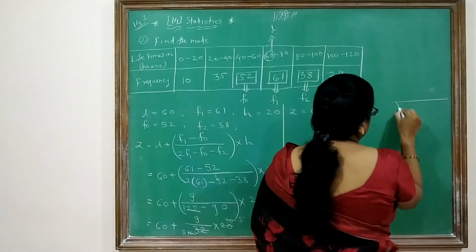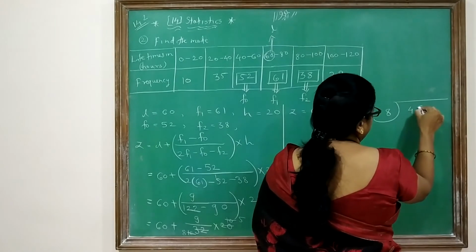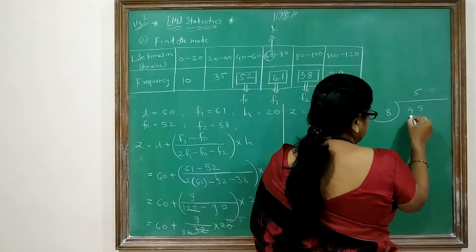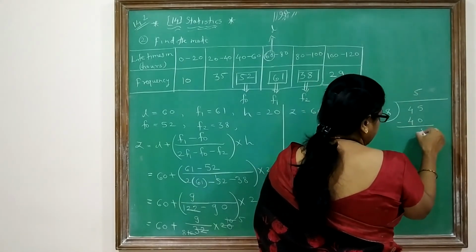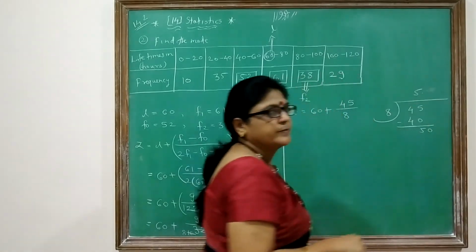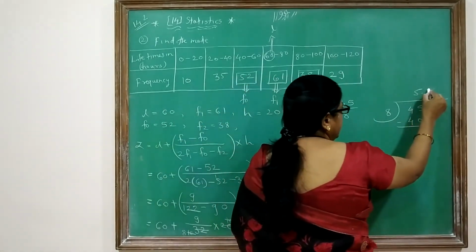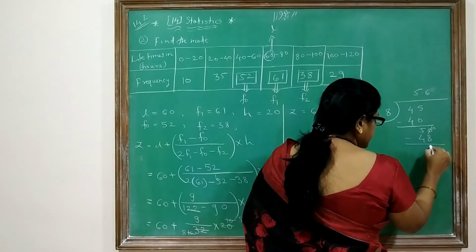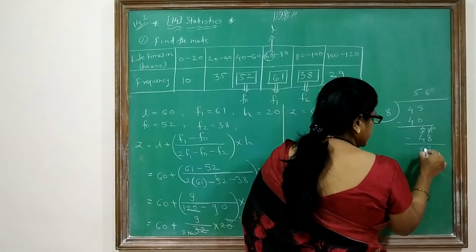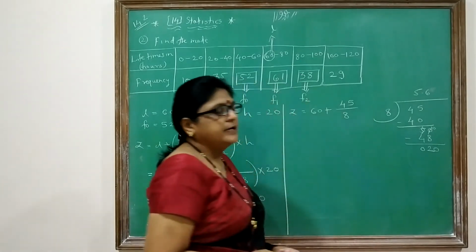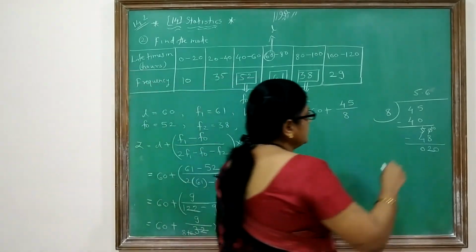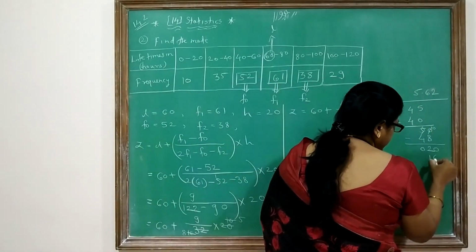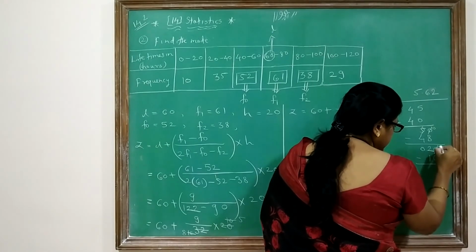Then divide 45 by 8. 8 fives are 40, then 5 remains. Then 50: 8 sixes are 48, then 50 minus 48 is 2. Then 20: 8 twos are 16, then 20 minus 16 is 4.